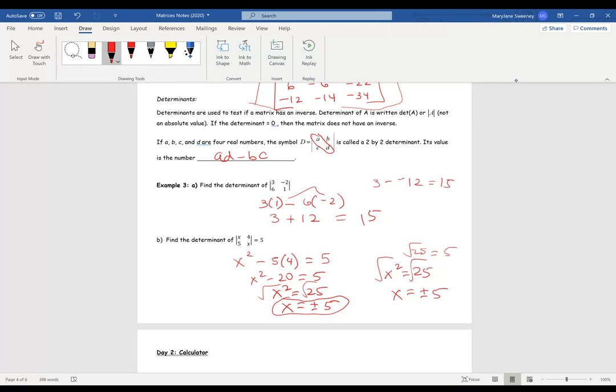Oh, and this should, you know what, this should not have said find the determinant. This should have said solve for x. Because we know the determinant. The determinant is the 5, right? That's the answer. But what they wanted there, it should have said solve for x in that case.